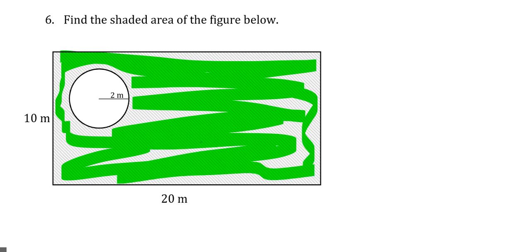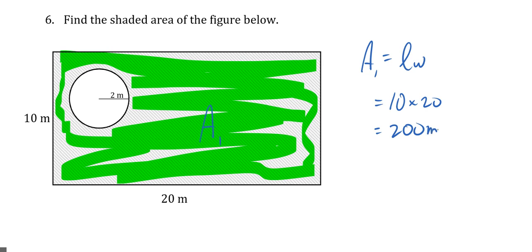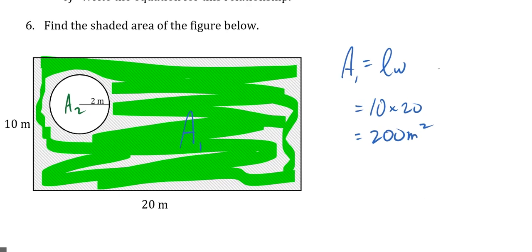So we'll call this area 1, and that's the rectangle. So that's just length times width, 10 times 20, which is 200 meters squared. And we'll call this area 2. And no tricks this time. It gives me the radius is 2. The diameter would be 4.